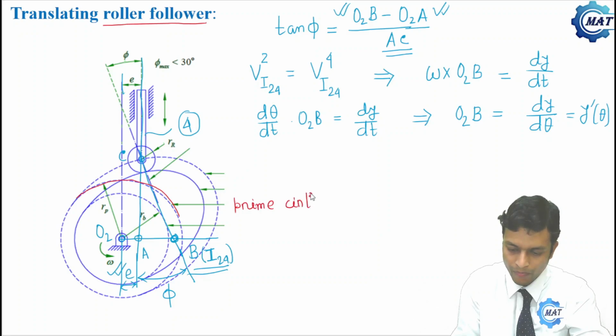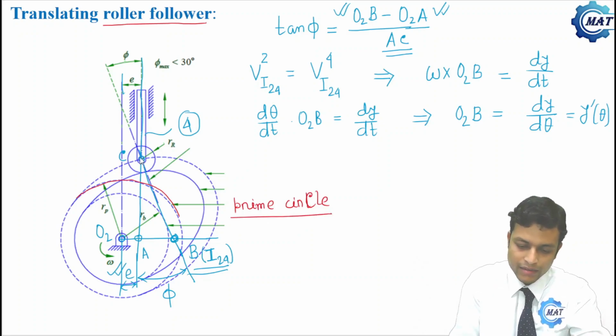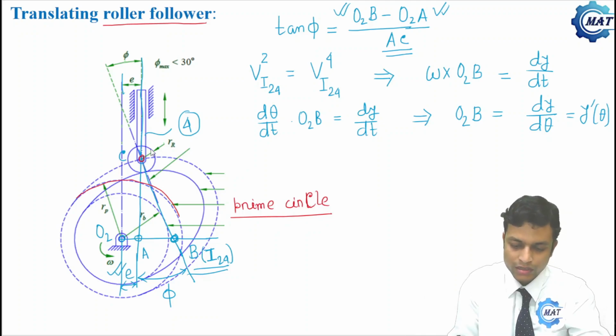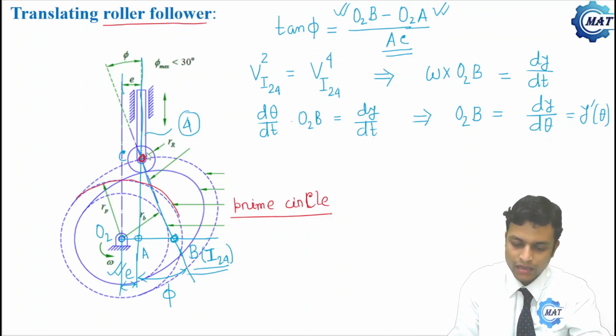This circle is the prime circle, and the trace point, by which the motion of the follower is measured, is the center of the roller. That cannot go below the prime circle.